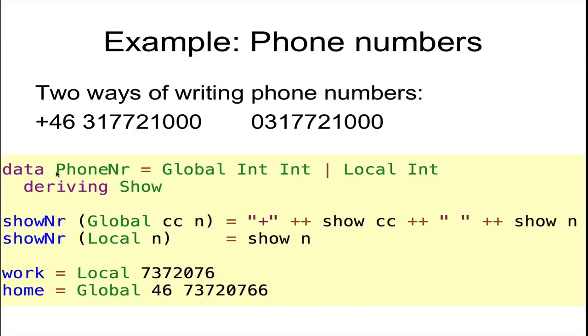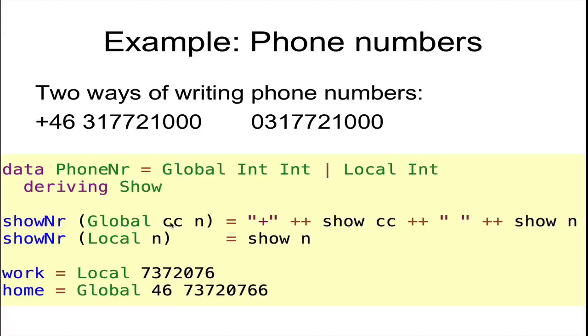So in this example, I've introduced a data type to represent the two possible ways of representing a number. This one I'm going to call a global number, and a global number has two parts. It has the international country code, which I'm representing by an int. That'll be the 46 in this example, and then the rest of the number. That'll be the global constructor. That constructs a global phone number. And the other possibility is you have a local phone number, which is just an int.